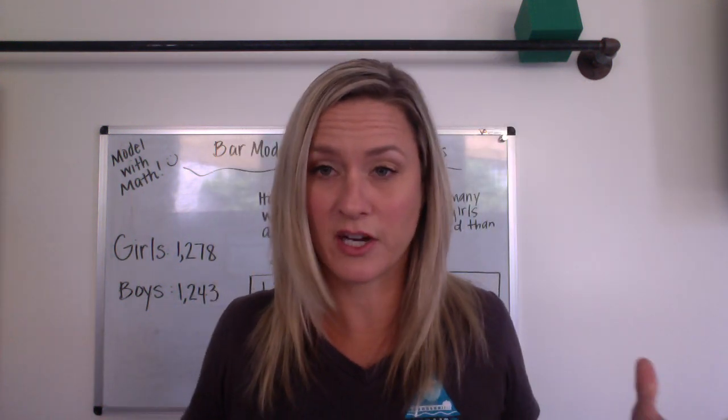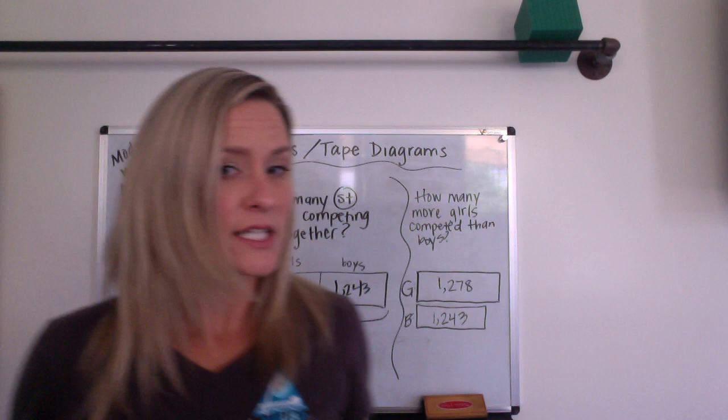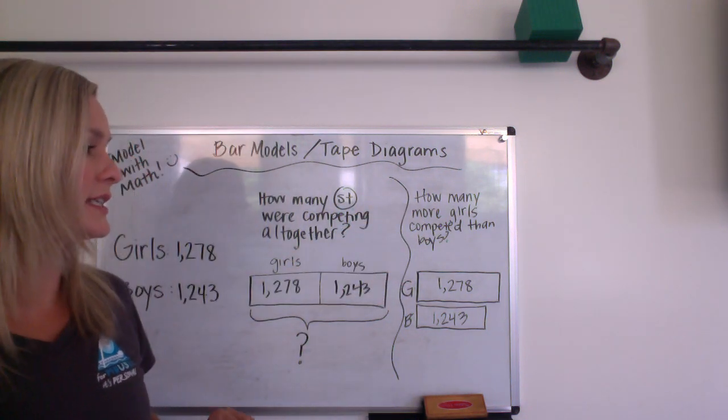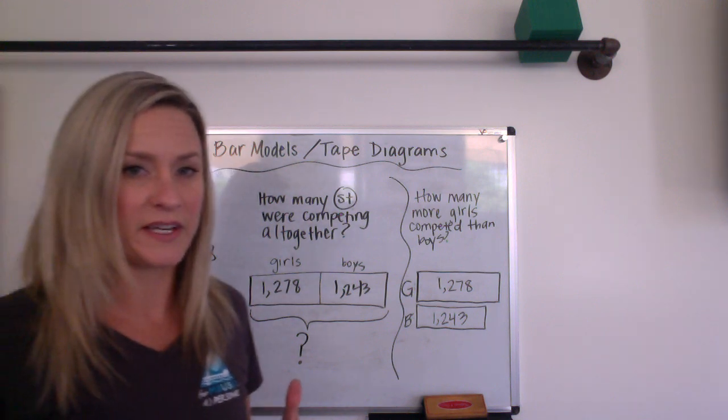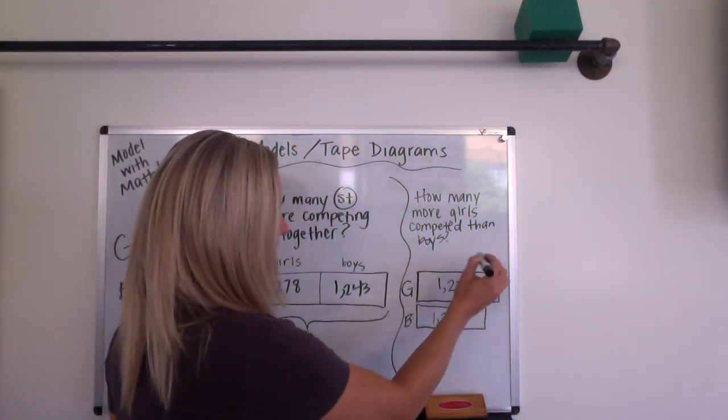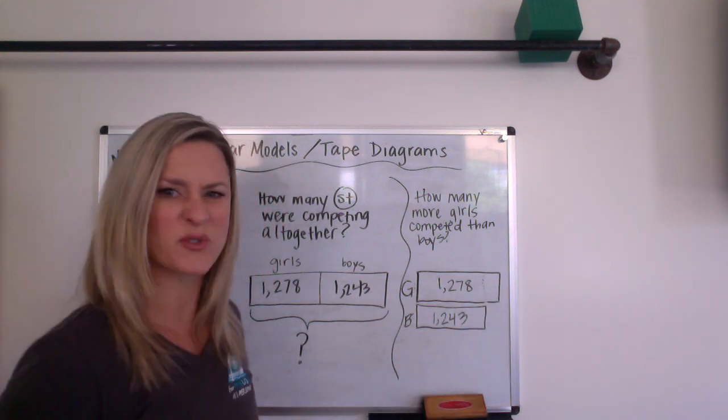Now, the thing is, we still have to use a question mark or represent in some way the piece of the puzzle that's trying to get solved. So in this question, how many more girls competed than boys? I'm trying to figure out how many extra girls there were. So this is the extra piece, right?